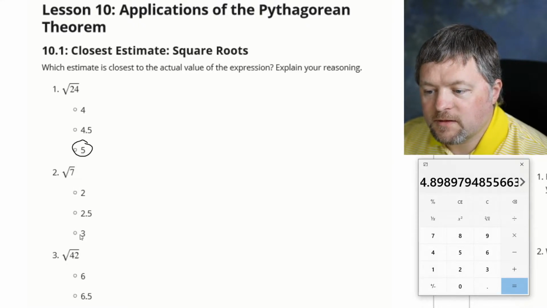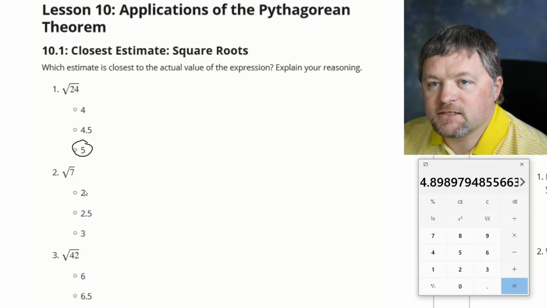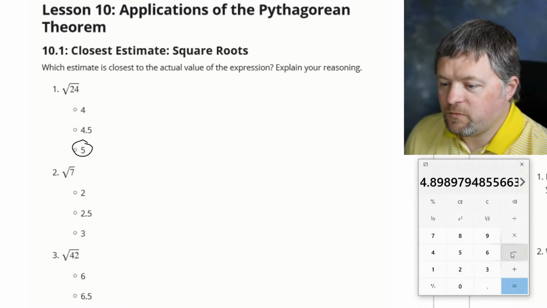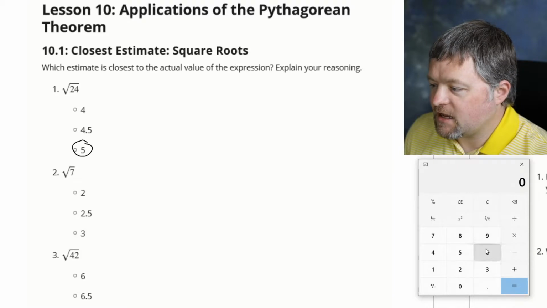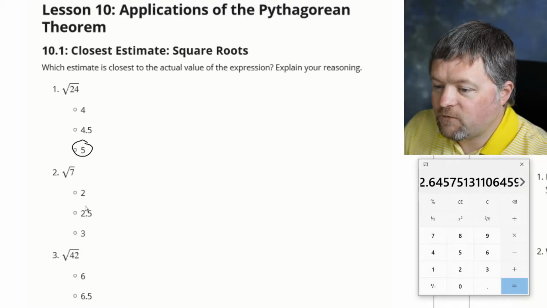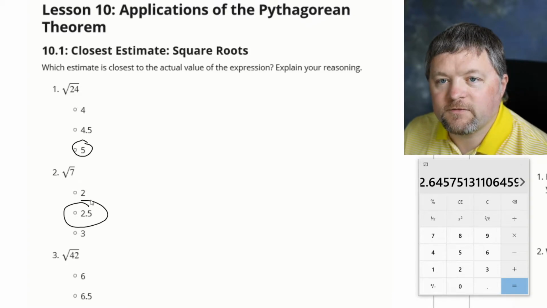So it will probably be closer to 3 than it is to 2. But what about 2.5? Square root of 7 is kind of in the middle of 4 and 9, so I would say 2.5. Let's check it. 2.64, that is closest to 2.5.